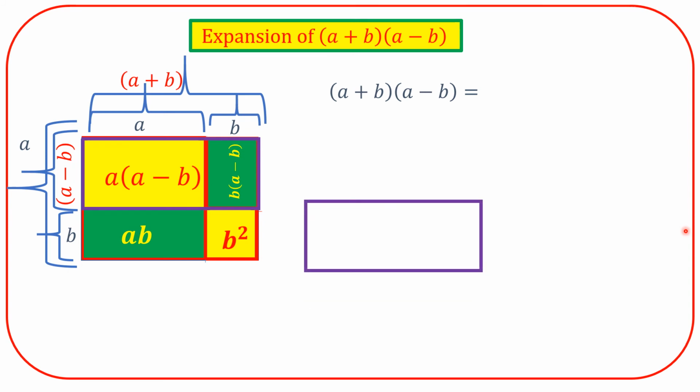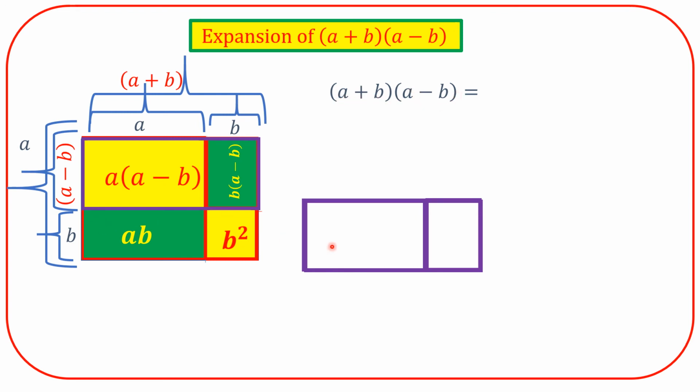We move it here, same part. Means now the area of this rectangle is equal to (a + b) into (a - b).